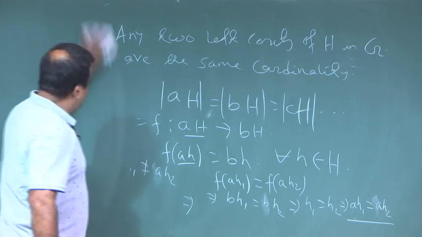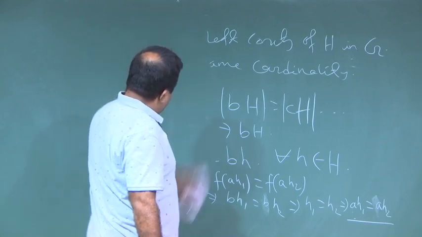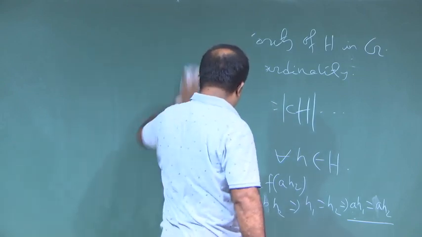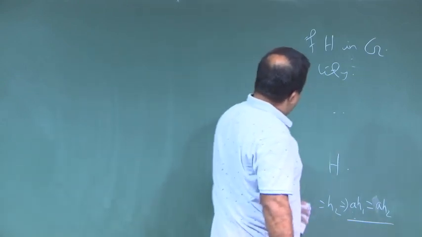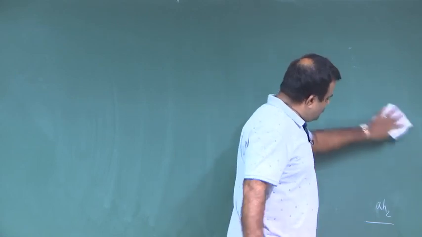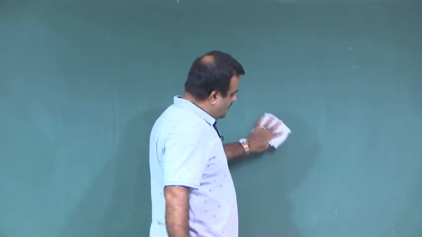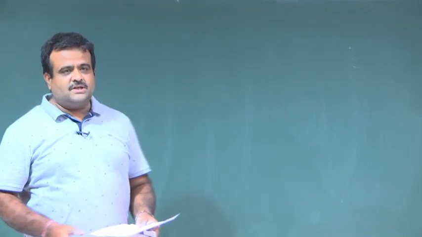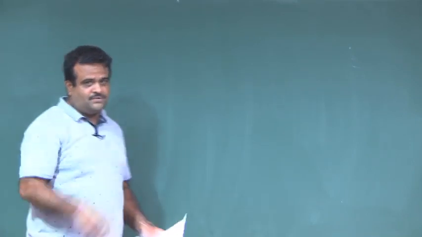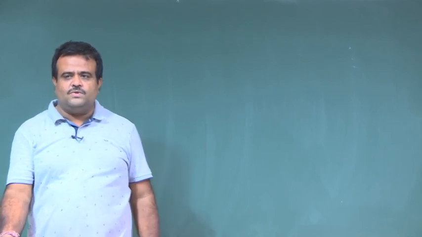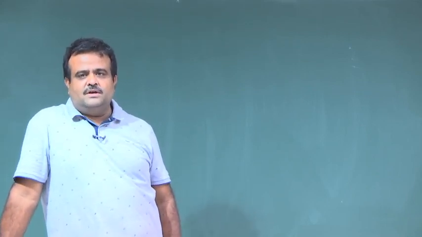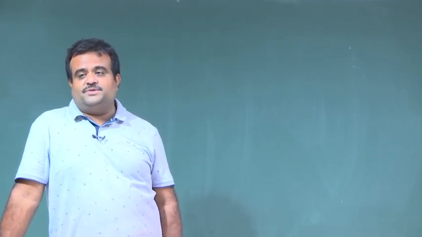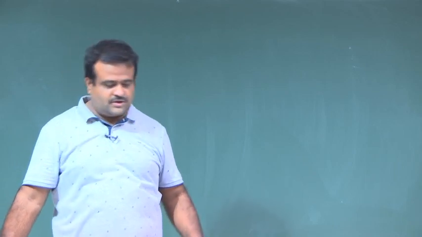Okay. So, now we will prove a theorem which is called Lagrange's theorem, by Lagrange. This is telling about the cardinality of a subgroup: if G is a finite group, then the cardinality of any subgroup divides the order of the group itself.